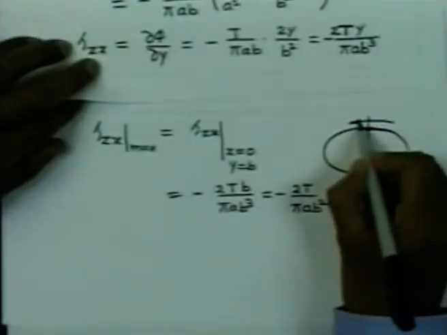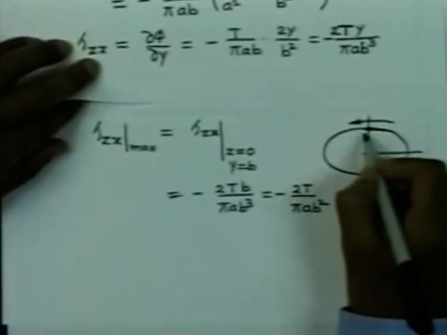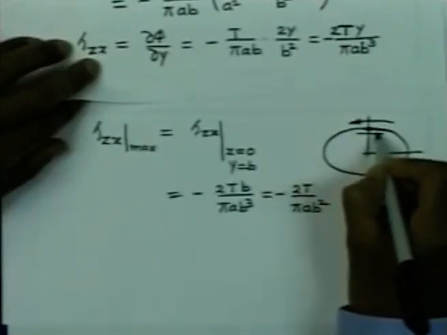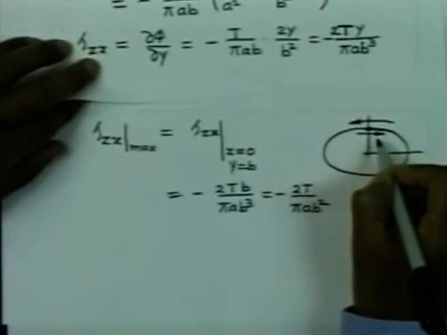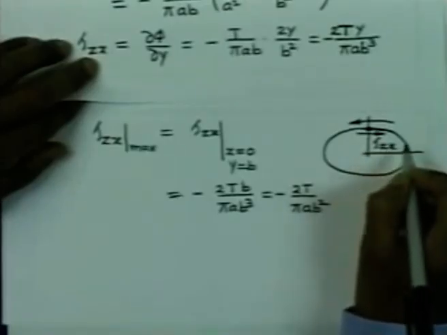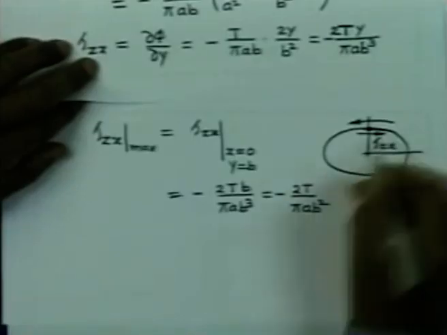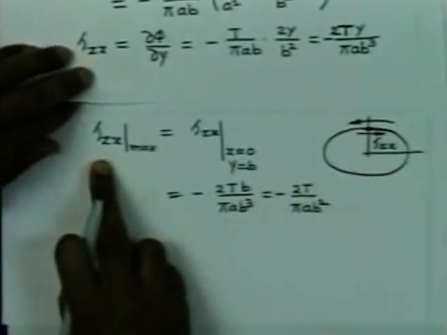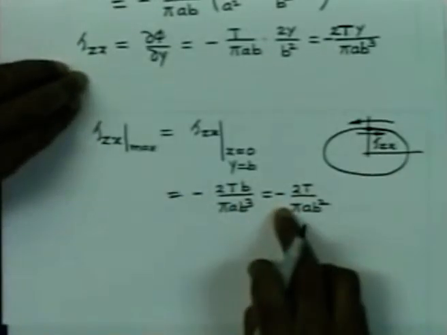Now, remember that we have been considering the torque to be applied in the anti-clockwise direction. So, the torque is acting like this. The positive stress will be acting in this direction. So, that is your positive stress, but this relationship shows that the maximum stress is going to be negative.